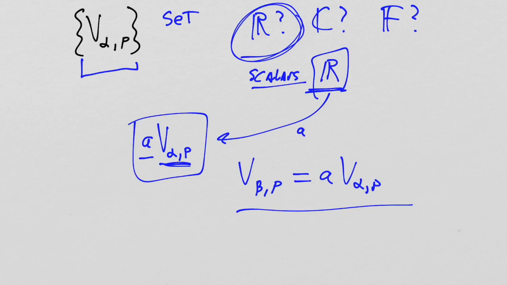And I have to show also, let's see, what else do I have to show? I have to show that if I have two members of the set, V alpha P and V beta of P, I can add them together.